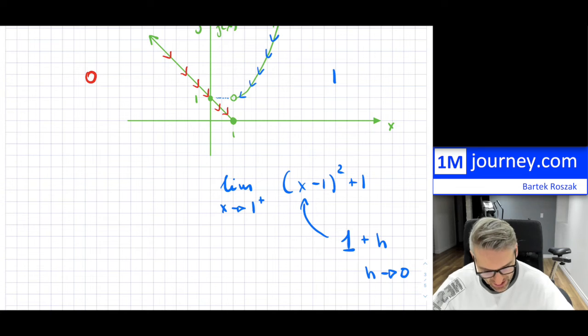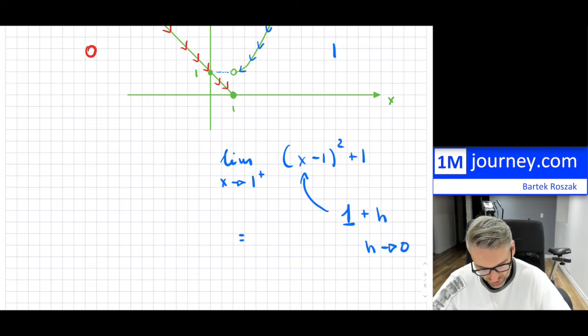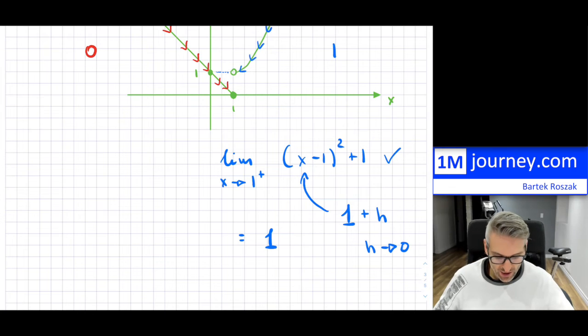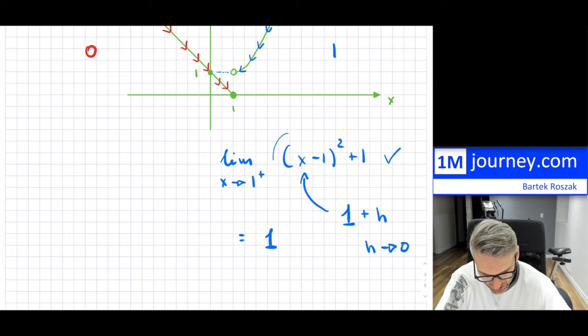So in that case, if we substitute this back in there and do the arithmetic, I encourage you to substitute this in, make h go to 0, and you would see that the substitution yields 1. That's what would happen, because this term would disappear, tending towards 0.